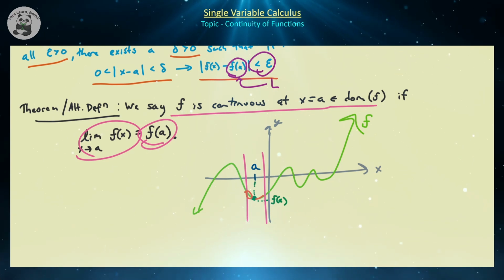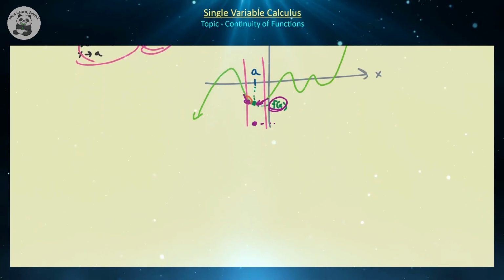But nonetheless, as x gets close to a from both the left and the right, it is approaching the y value f of a, compared to the case where if our function value was defined down here, notice that it's going to approximate that y value instead of the actual f of a value, which could be literally anywhere or non-existent. But since we're assuming that a is in the domain, f of a has to exist and it has to be somewhere.